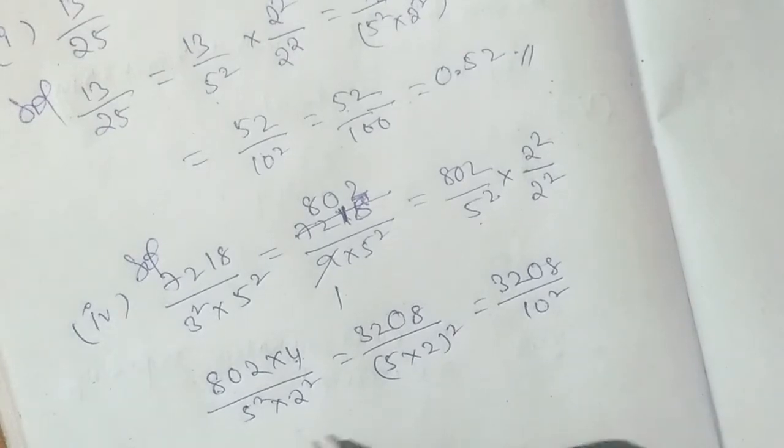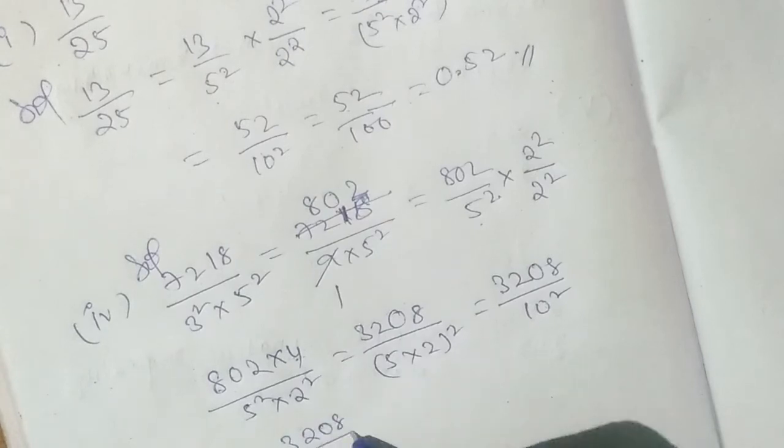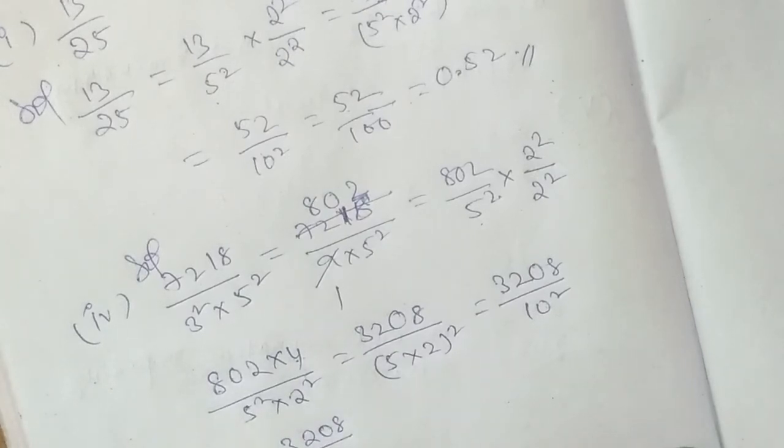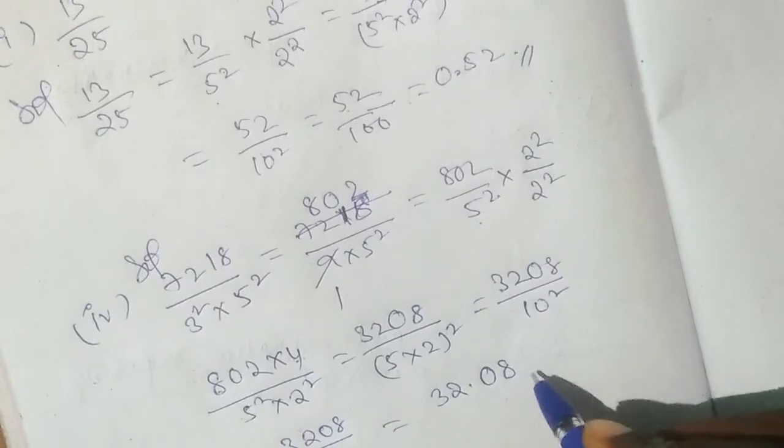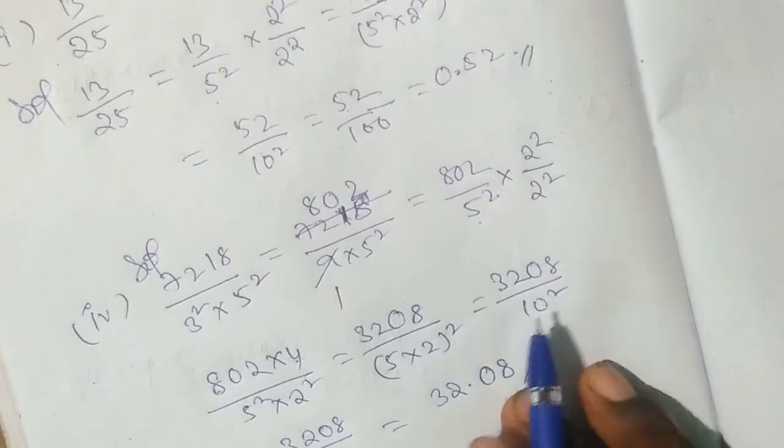That's equal to 3,208 by 100. So 100 means decimal after there should be 2 digits. 32.08. This is the answer.